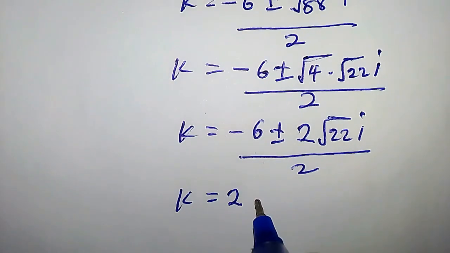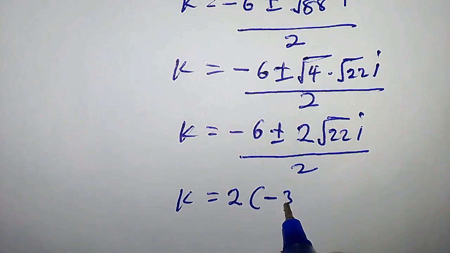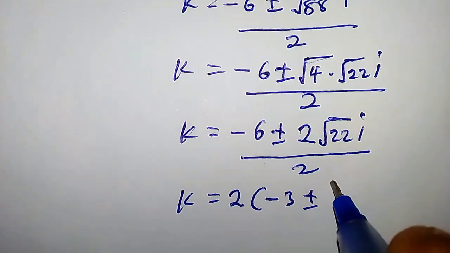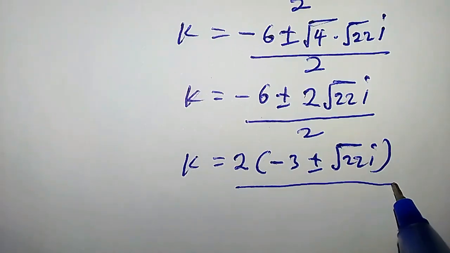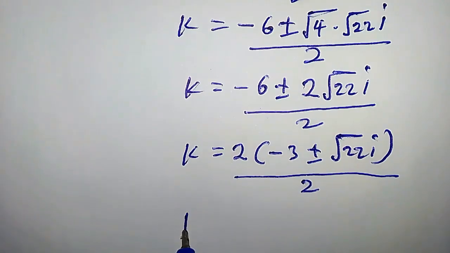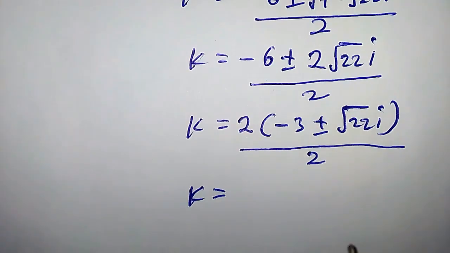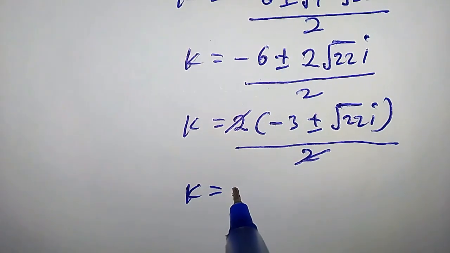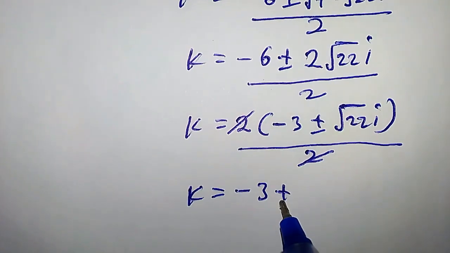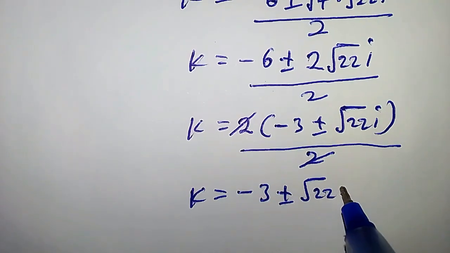So we have 2 into minus 3 plus or minus square root of 22i, all divided by 2. k equal to, clearly 2 cancels 2. We are left with minus 3 plus or minus square root of 22i.